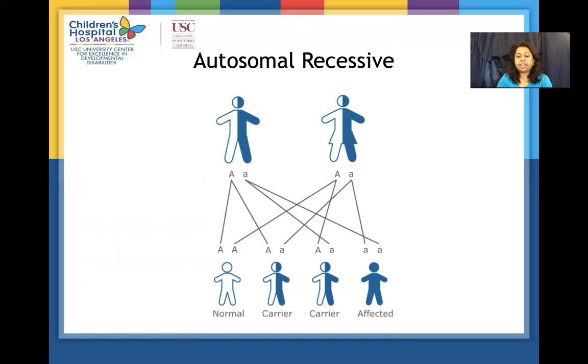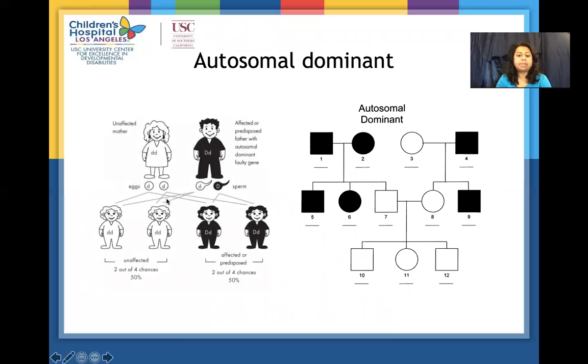Another thing that you might see is that perhaps in the generation of offspring, there's about a 25% chance of a generation member being affected, with about 75% not affected. Carriers don't typically have any clinical features of the condition, whereas in autosomal dominant, you have a 50-50 split with the subsequent generation, because any individual with carriage of the gene will have clinical features of the condition.